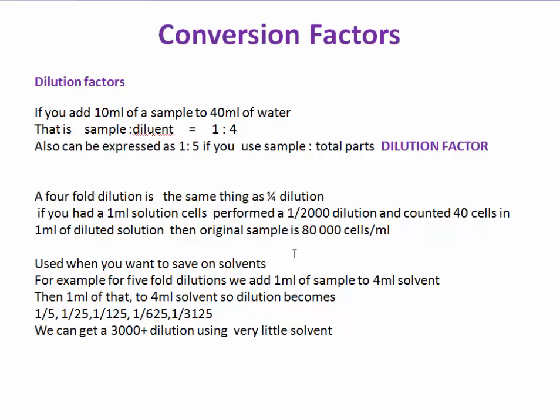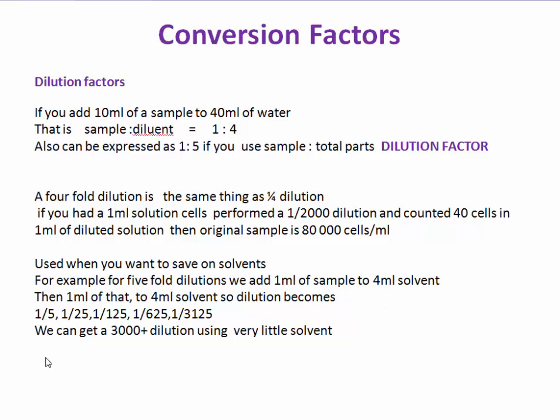Dilutions are used when you want to save on solvents, when you're diluting to a certain dilution factor. So for example, for 5-fold dilutions we add 1 mil of sample to 4 mil of solvent, take 1 mil of that solution we've made, that 1 mil to 4, and then add that to another 4 mil of solvent, and then take 1 mil of that and add it to another 4 mil of solvent.